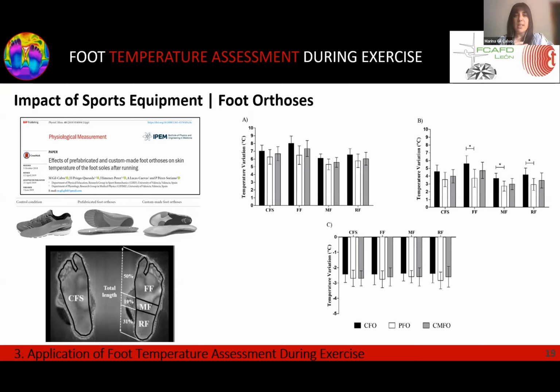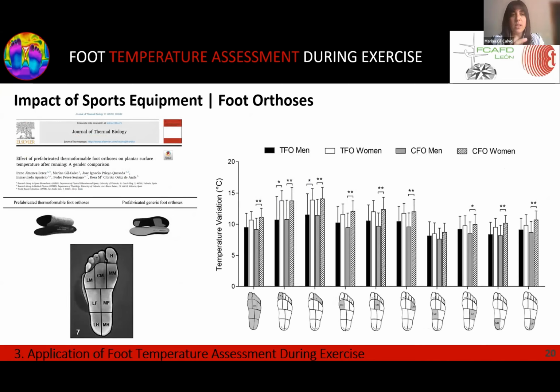So no substantial differences were observed between the different types of insoles. It's important to note that the participants of this study were healthy runners, so no major biomechanical changes were observed at the kinematic level, neither angular nor spatiotemporal.